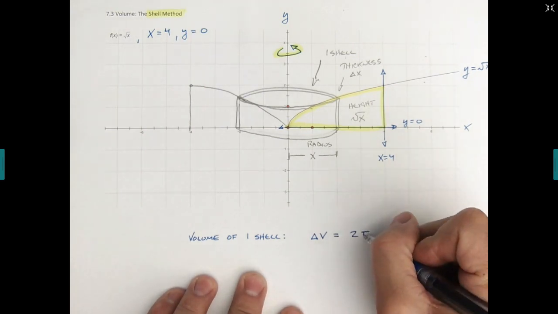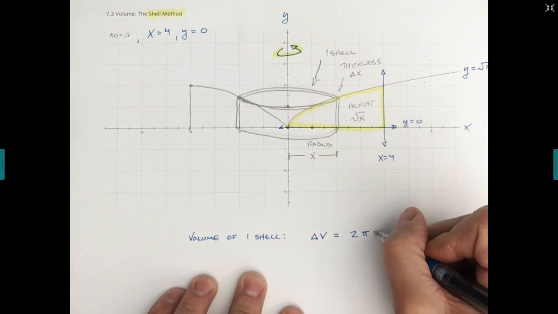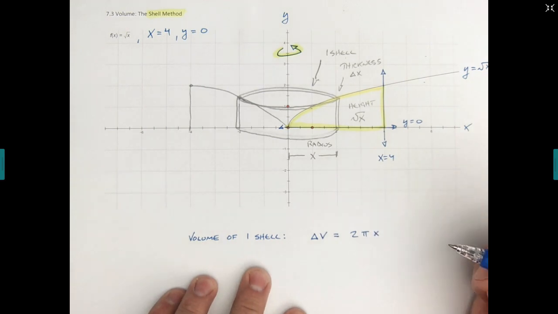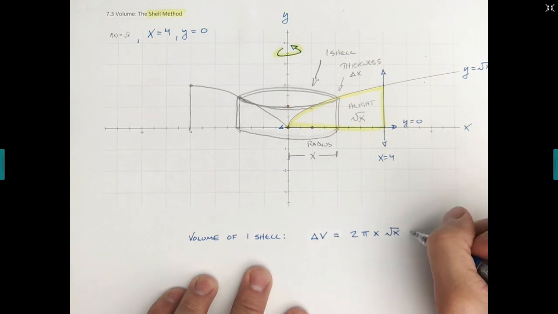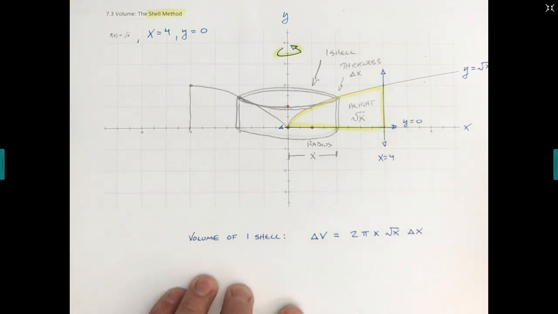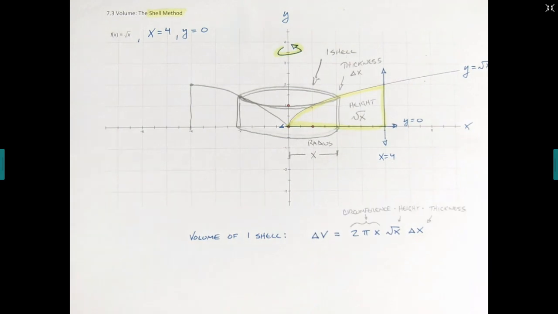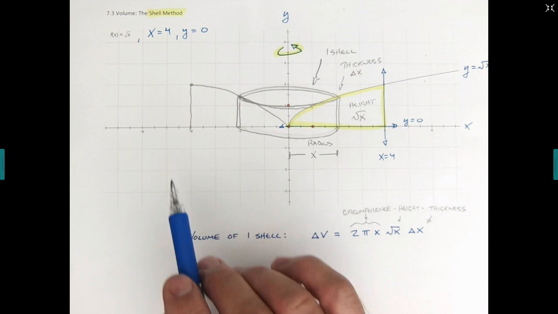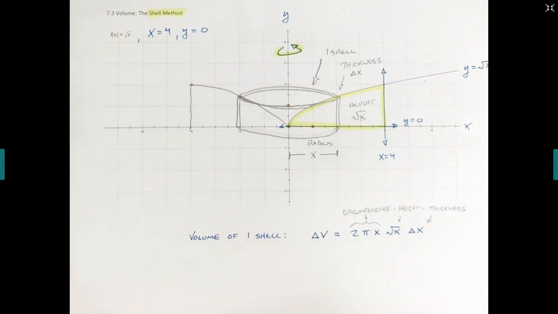Is our circumference 2 pi x times the height, square root of x, times the thickness, delta x. So this representative element, that one shell that we drew, really helps us see our formula that we'll use when we're using our calculus techniques of integration to find the volume of this region rotated about the y-axis.